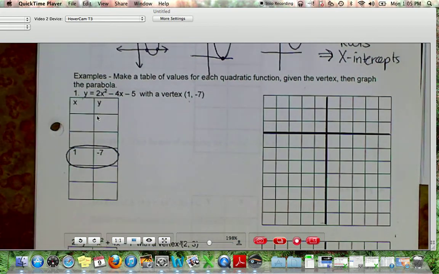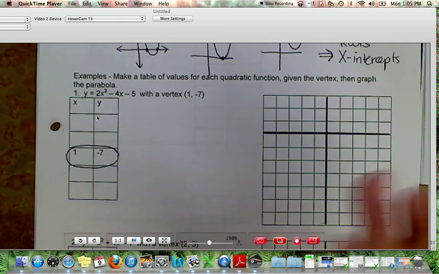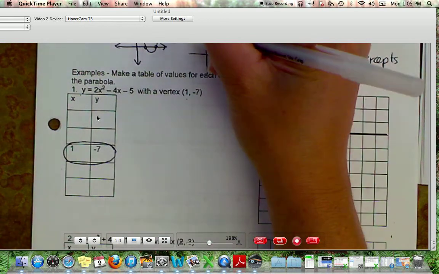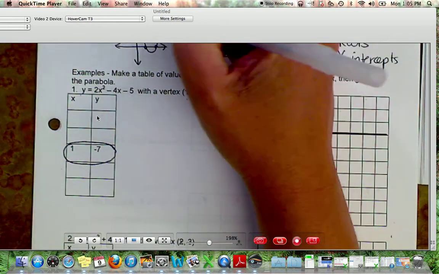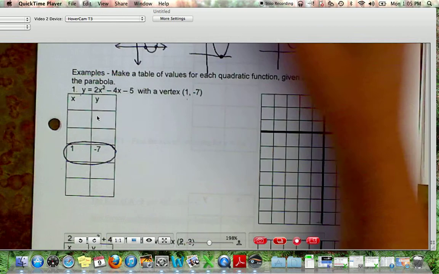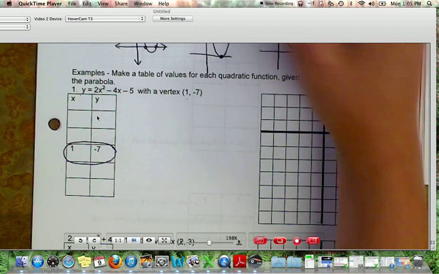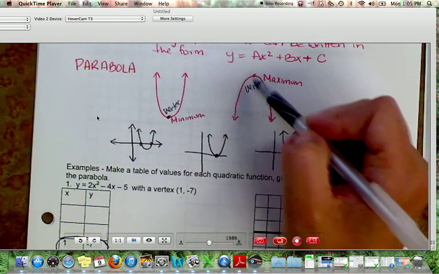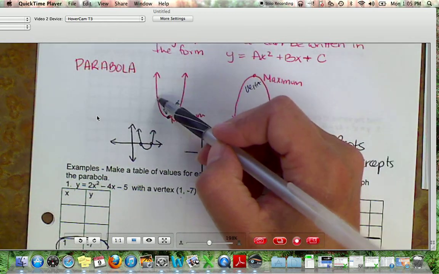This is different from graphing a line, because when we graphed a line, we used -1, 0, 1, and 2 each time. In a parabola, you have to find the vertex, which is the center point, and then build a couple of points on the left and a couple on the right.